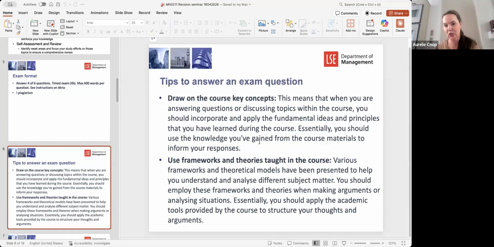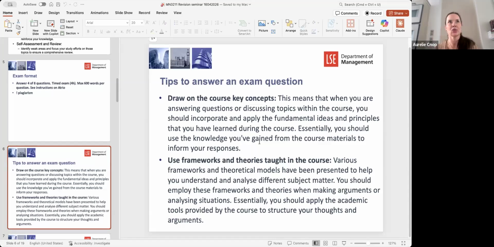However, there is a priority in the answer, in terms of the source. When you look at the question, the first thing you should be doing is exhaust the course material. So yes, you can bring in external sources, but essentially you need to use the knowledge that you've gained from the course material to inform your response. You exhaust the course material first.